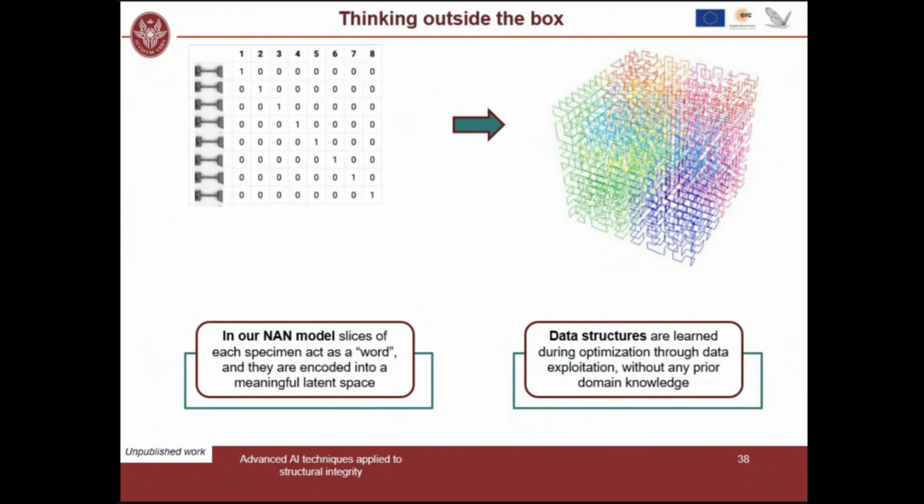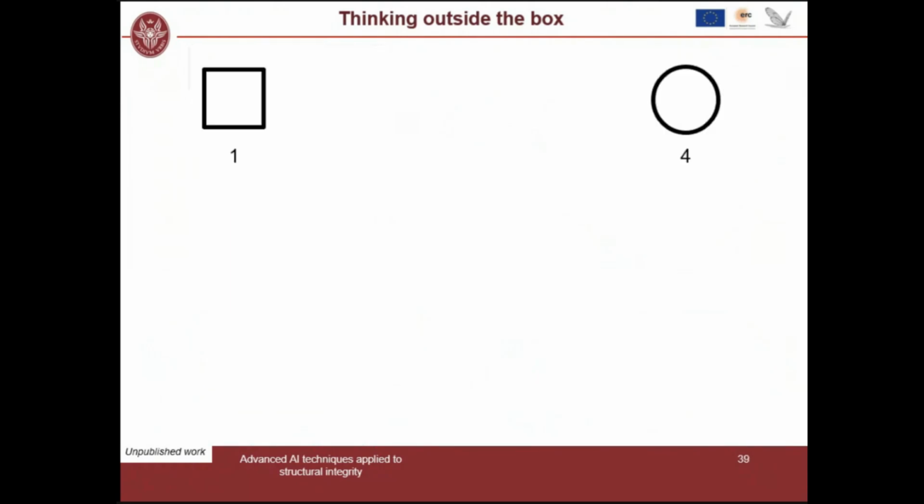And I want to do that because I want to learn the best possible latent space associated with that kind of domain, the domain of the struct slices. So in this case, without providing any information, the neural network itself was able to learn the data structure.